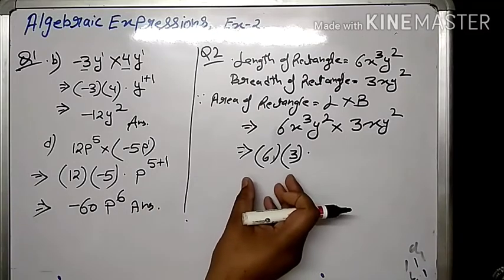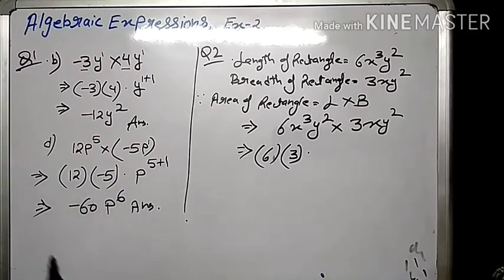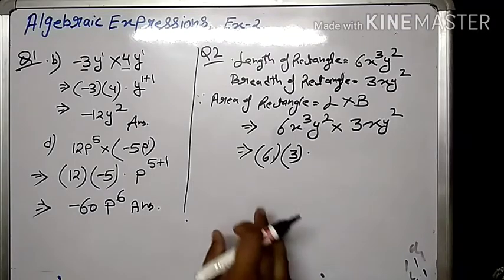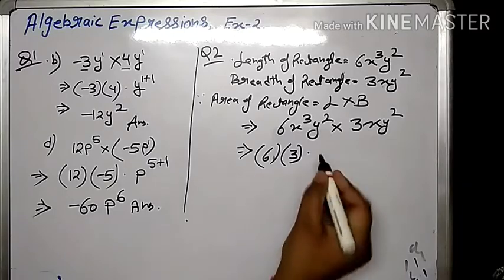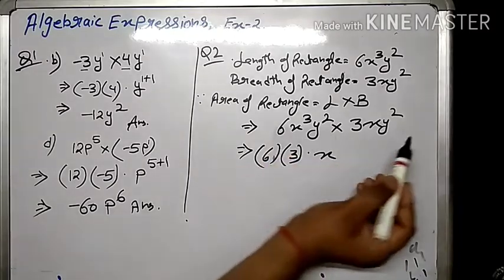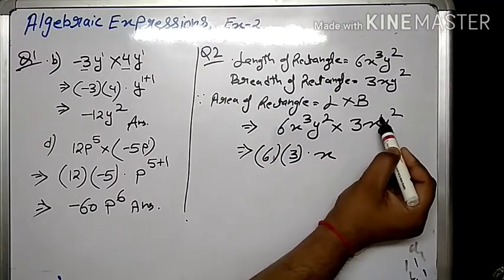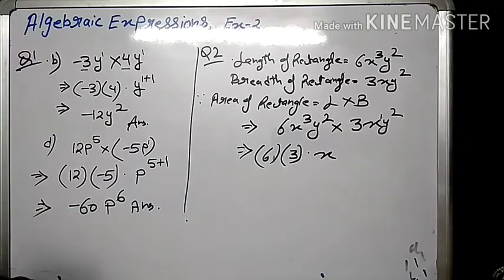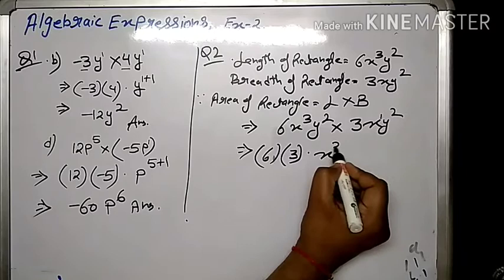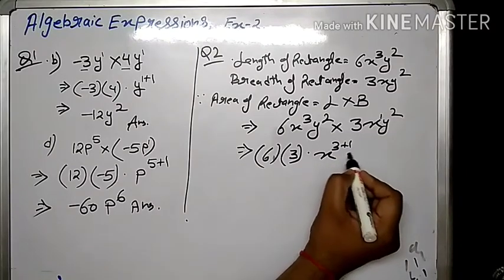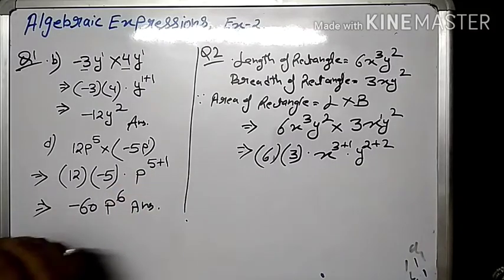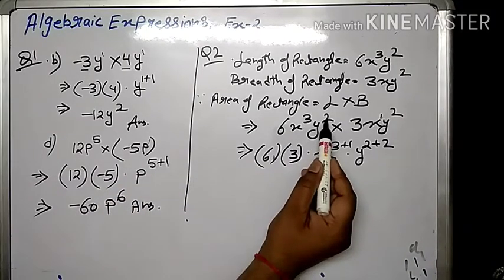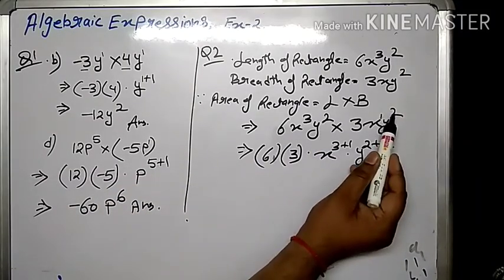So we should keep the constant inside the bracket. You can write without the brackets also, but I am giving a hint so that you should not make a mistake. Then x. Now again what I said, any number having no power, we take it as 1 on that place. So here 3 plus 1 dot y 2 plus 2. Y is having a power of 2, and again y is having a power of 2.